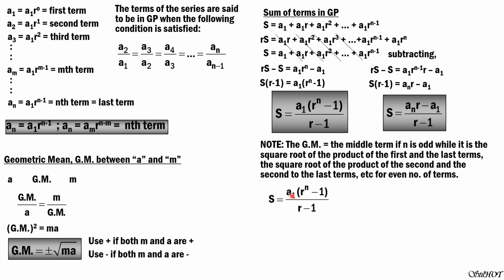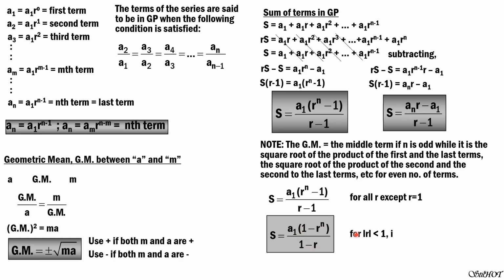We can write this as first term quantity 1 minus r to the n over 1 minus r. So this is for all r except r is 1 because this will make it undefined. And for the second formula, we just multiply negative 1 in the numerator and negative 1 in the denominator to interchange position, applicable when absolute value of r is less than 1. So that's it for that case.